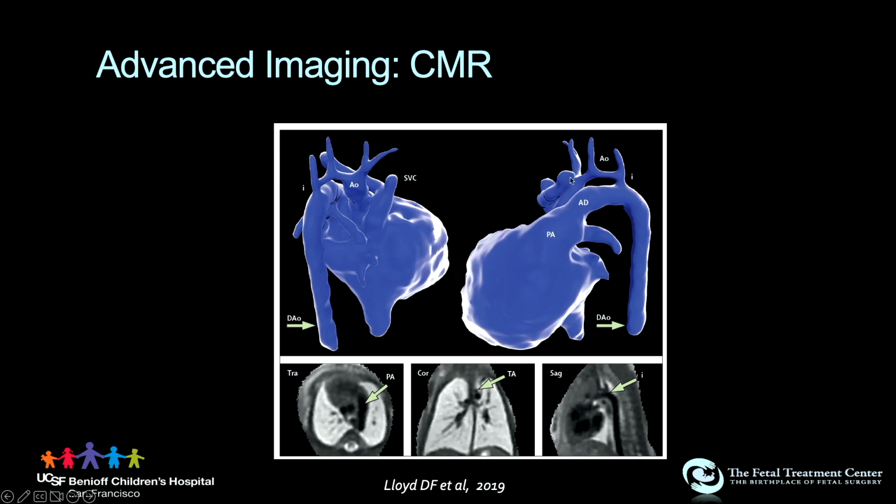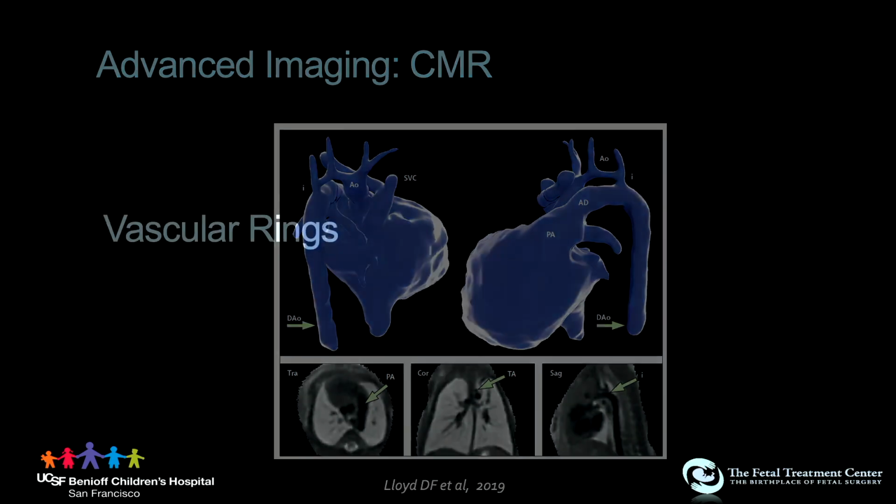And you can see here in this MRI image, this is clearly a coarctation of the aorta with a small transverse aortic arch and narrowing at the isthmus, and you can see how that relates to the ductal arch here as well. So there's probably a role for cardiac MRI, not in all centers, but in some that are able to provide this clinically. If there are questions based on fetal echo, or you're not sure, the cardiac MRI might be a useful adjunct to the fetal echo as well.